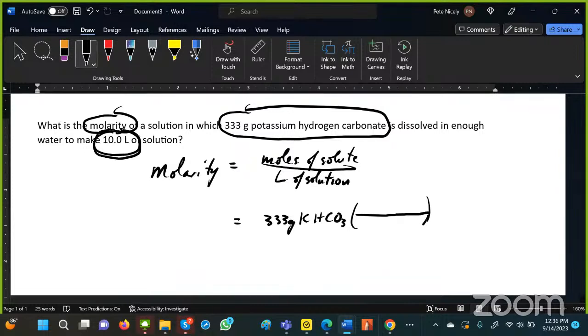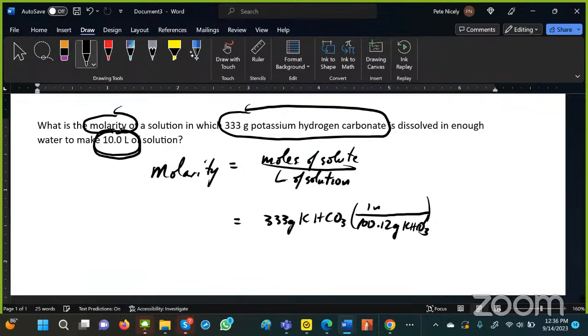What I got, and you can tell me if you agree with me, is that the molar mass is equal to 100.12. So let me put 100.12 grams of potassium hydrogen carbonate.